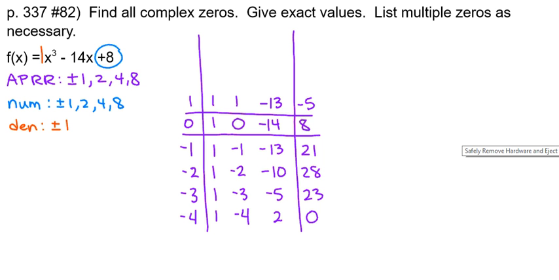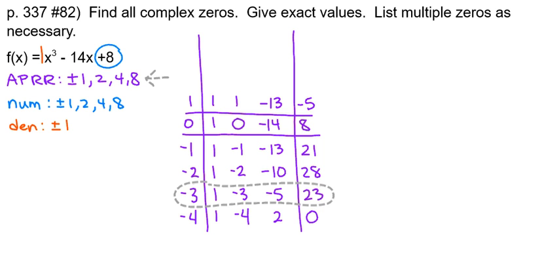Okay, hey, I thought it would be fun this time to do the negatives first, and look what happened. I kept going, plugging away until I did the negative 4 row. Notice I did the negative 3 row, and you probably think I am a glutton for punishment. Why would I do the negative 3 row when negative 3 was not in my APRR list? There's no way negative 3 is going to be a root.